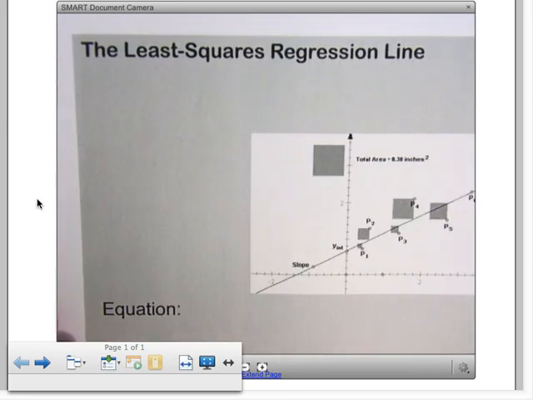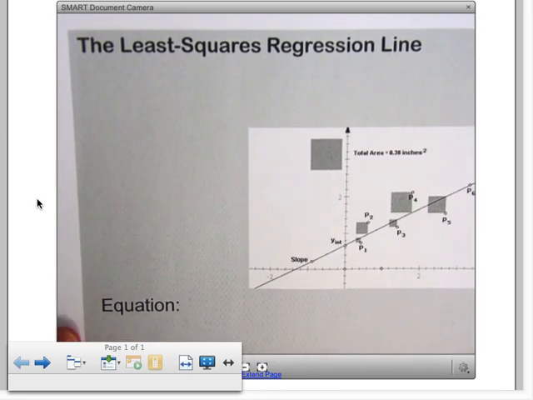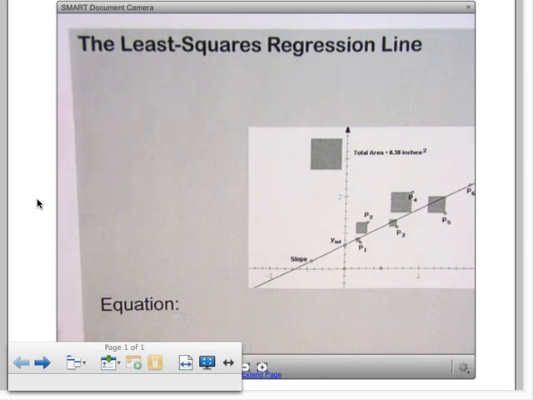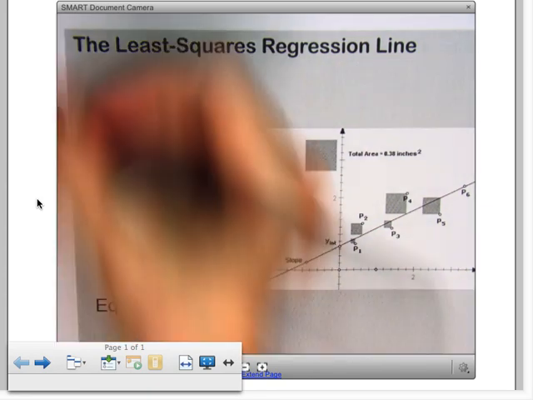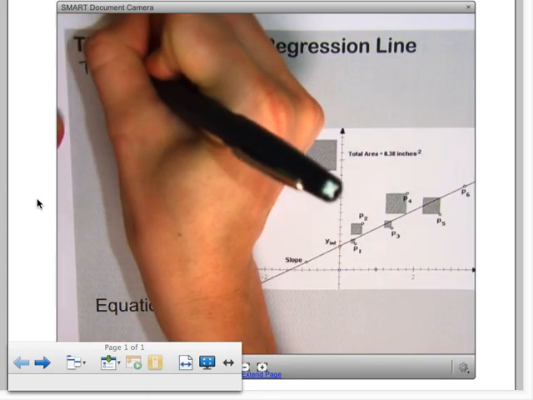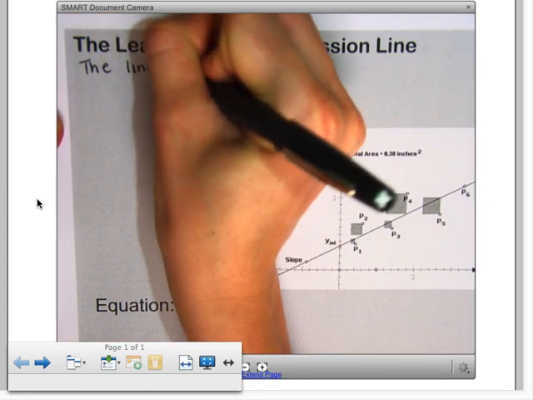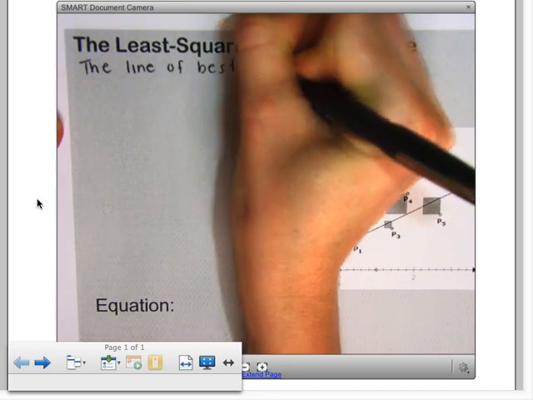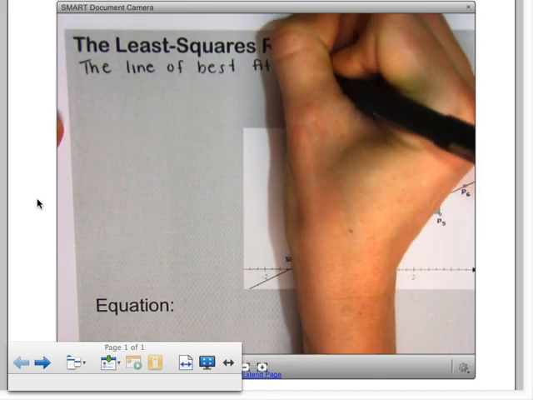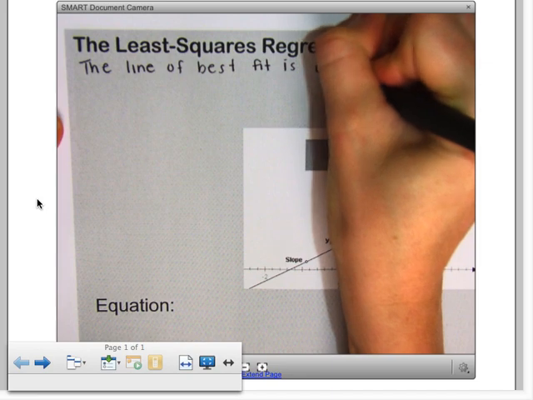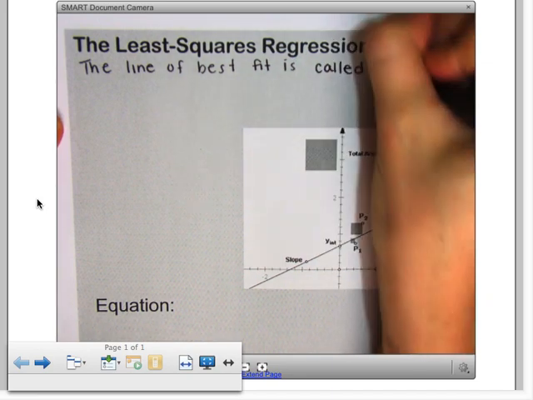Okay, the last little thing on the bottom of your sheet, the least squares regression line. Okay, the least squares regression line, the line of best fit is called the least squares regression line.